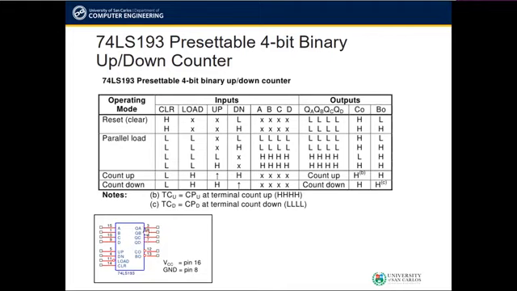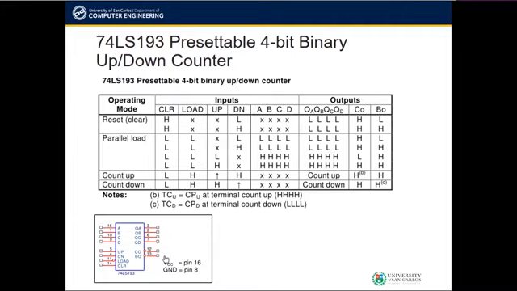QA, QB, QC, and QD is where the output count is shown, where QA is the least significant bit and QD is the most significant bit. The CO or the carry out output is always 1 and only outputs 0 in between the counts of 1, 1, 1, 1 back to 0, 0, 0, 0 in a count up operation.